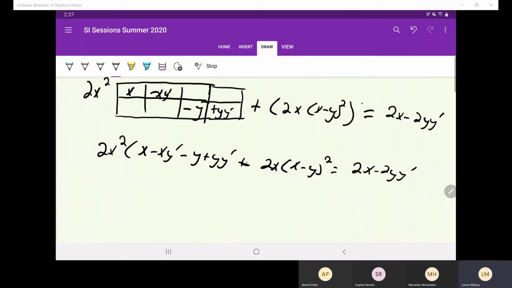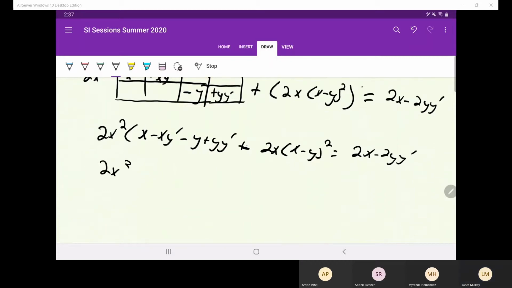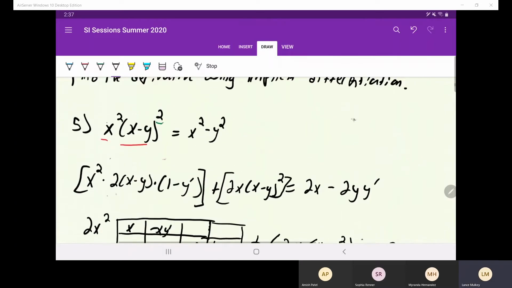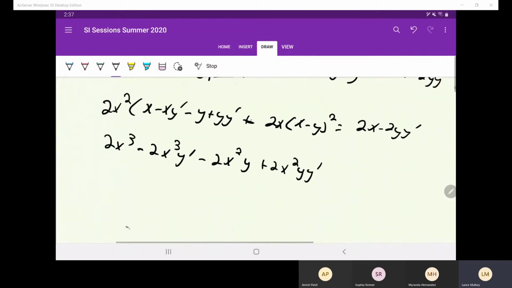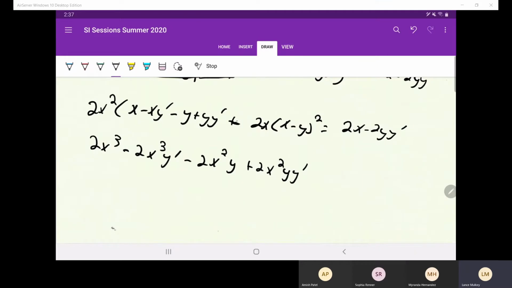So now you have, this is just me distributing everything through. And the problem, I don't see it, is number 5 from the implicit chapter in your textbook. So I usually try to keep the numbers right. That was me distributing the 2x squared.